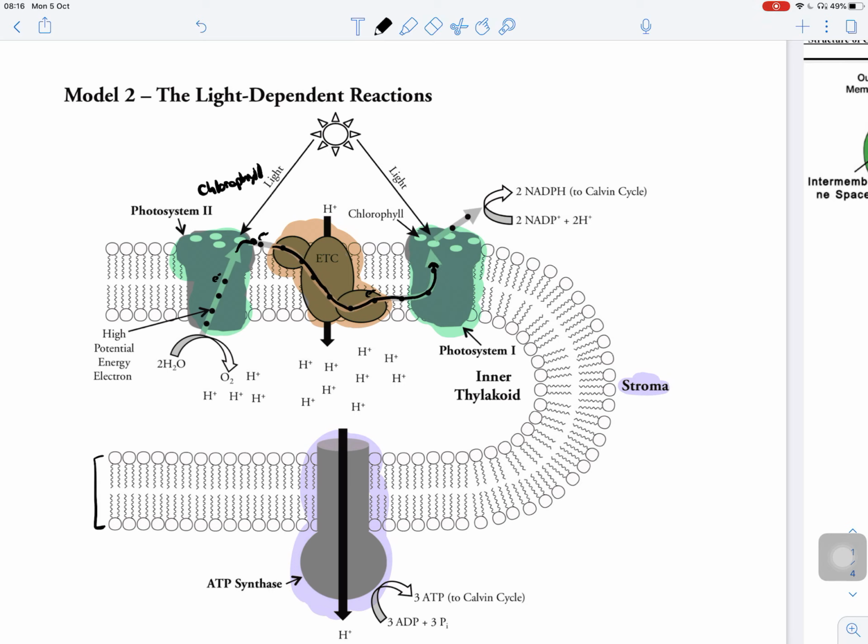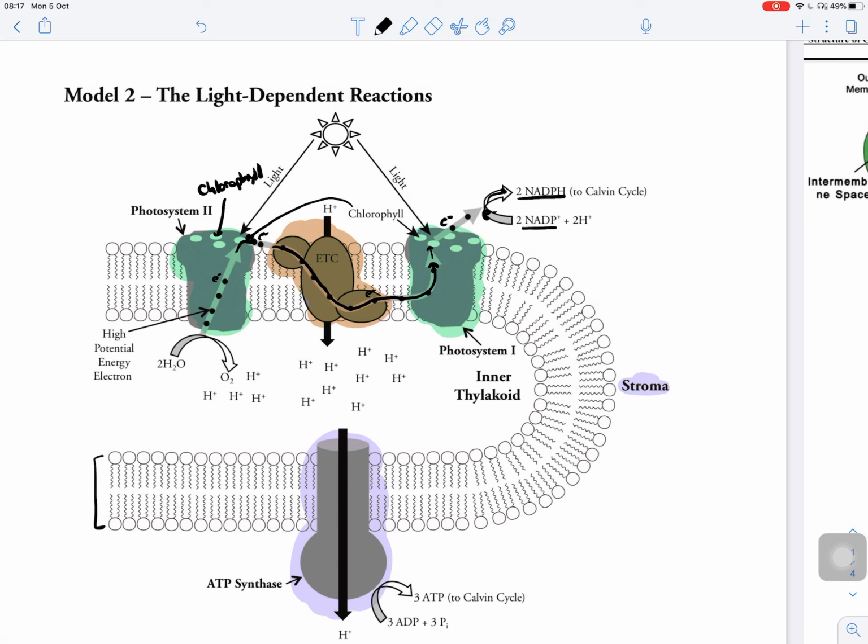to photosystem 2. At photosystem 2, again, there's chlorophyll. Here it's marked. That electron embeds in here, and then light hits it and it gets excited. Now, in non-cyclic phosphorylation, that excited electron joins with NADP+ and some hydrogen ions, plus that electron, to form NADPH.